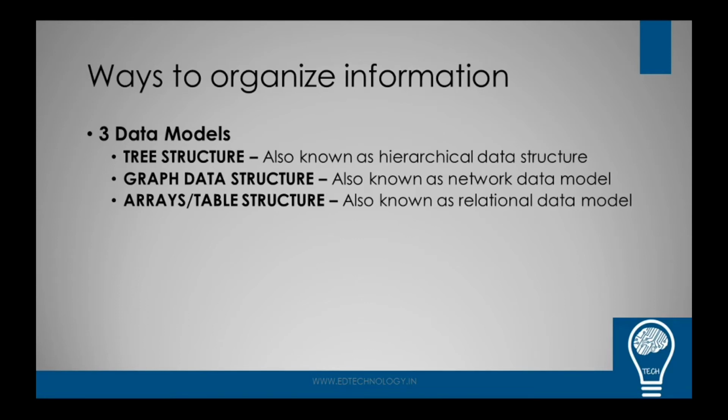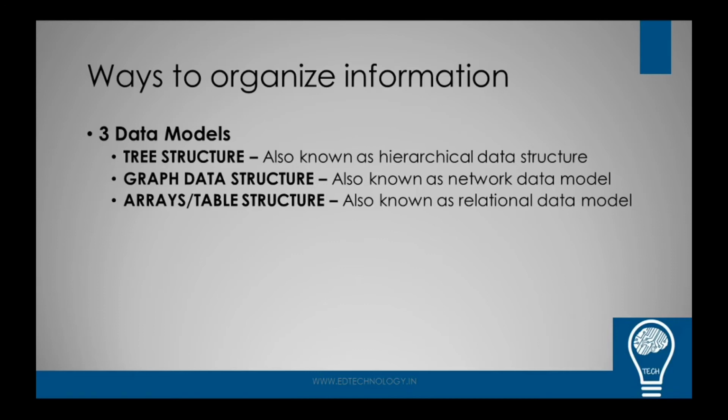Second, we have a very old and very recognized model, the network data model, also known as the graph data structure. This can also be utilized to organize the data and process it in a way where it can be converted into information.